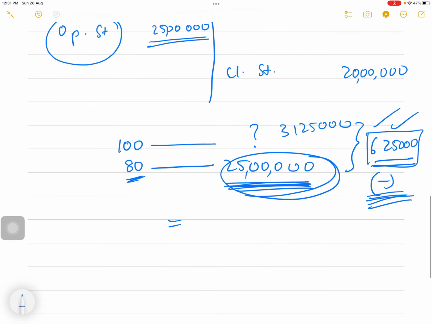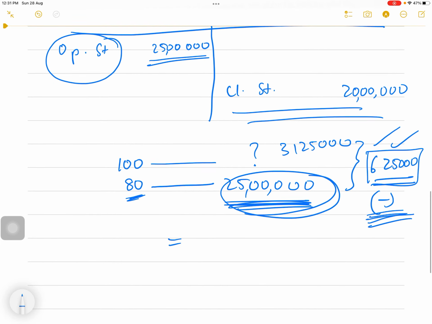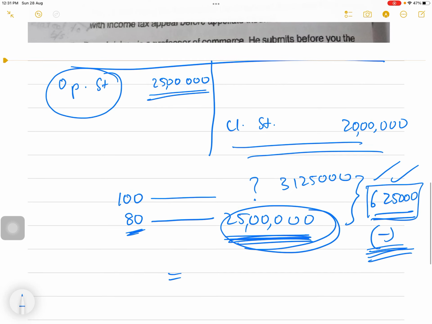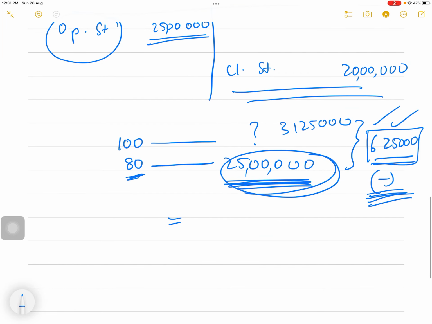Okay, similarly for closing stock also, it is undervalued by 20%. Closing stock is like income. It's not an income, but the effect is of income, right? It is on the credit side. So now if 80 is 20 lakhs, how much is 100?